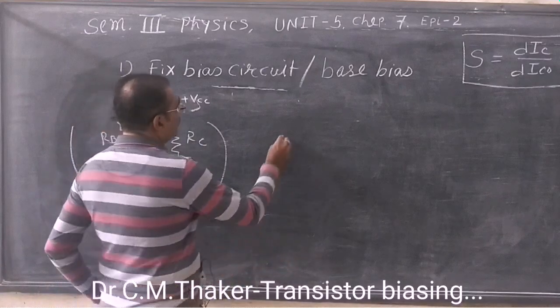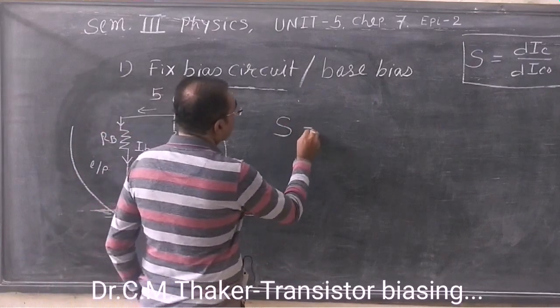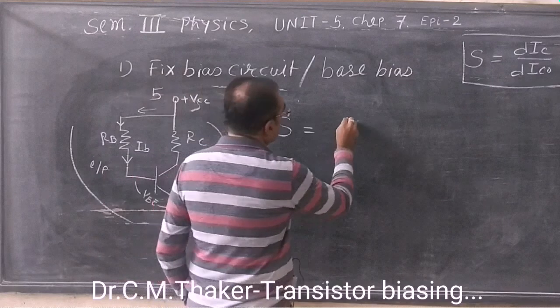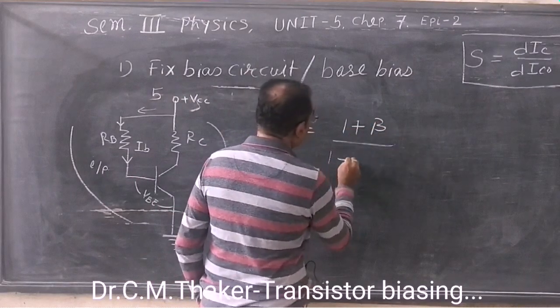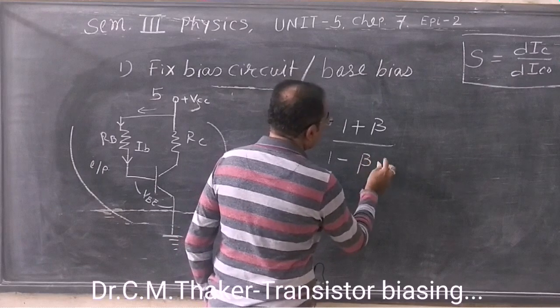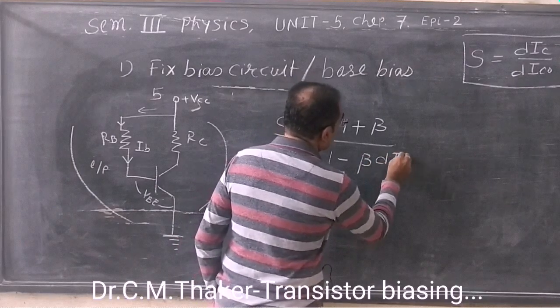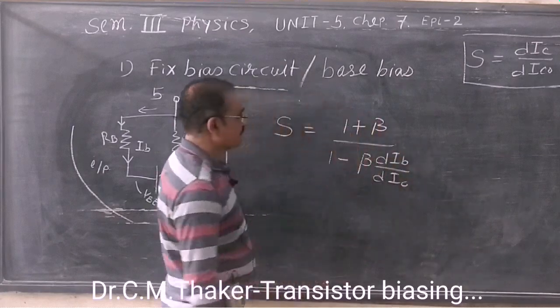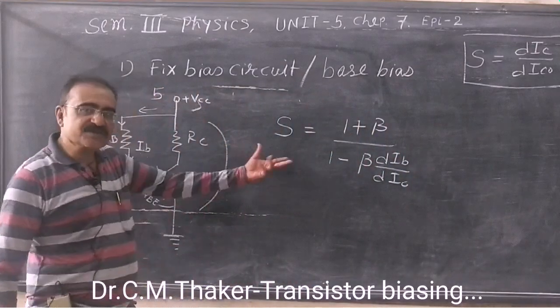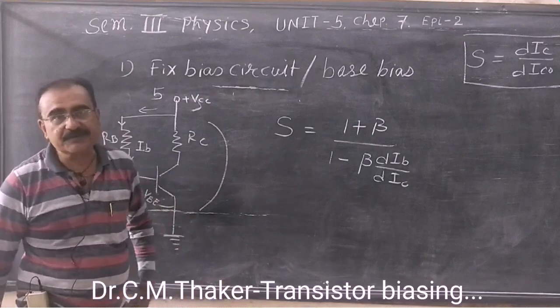The stability factor S is equal to 1 plus beta upon 1 minus beta times dIB upon dIC. This is our stability equation, which we derived earlier.